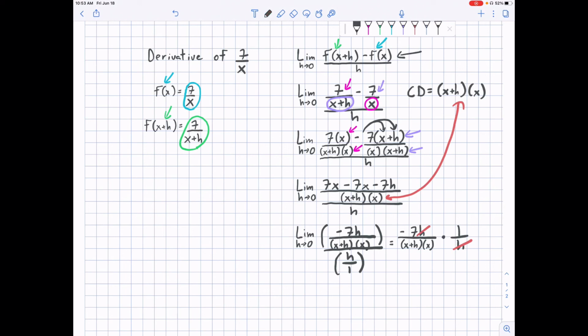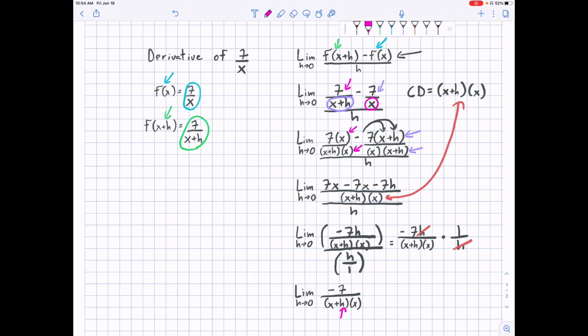And so when we fully simplify on our last step here, the limit as h approaches 0, we're going to have minus 7 over x plus h times x. And now we're in a situation where we can plug in 0 for h. And remember our h, I'll mark it off right here in pink. That h is now x plus h.